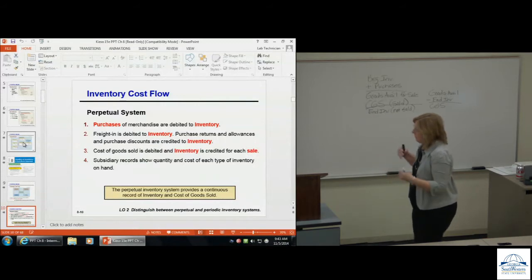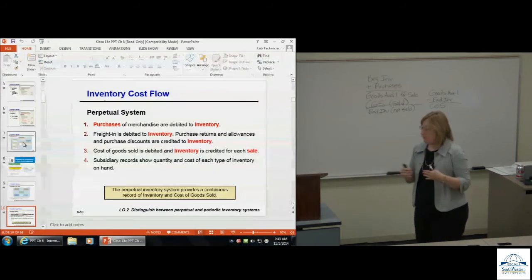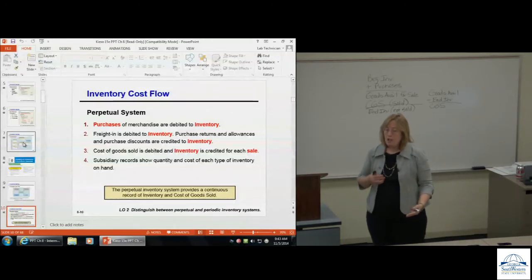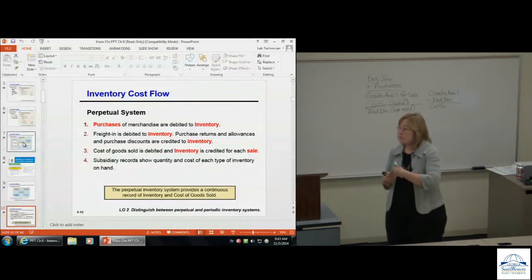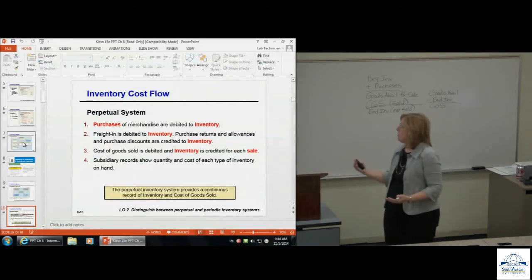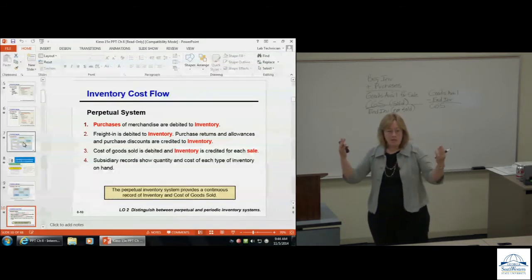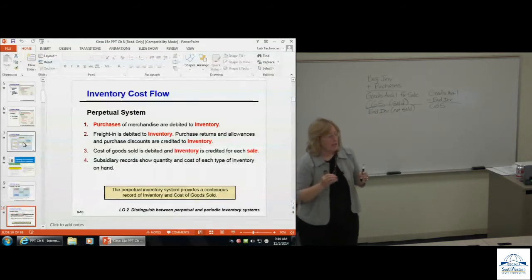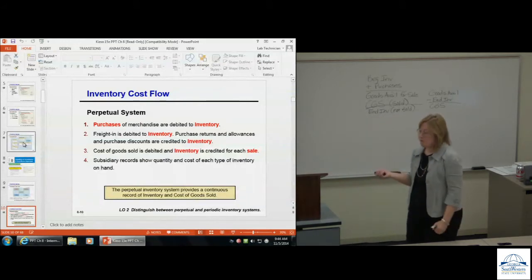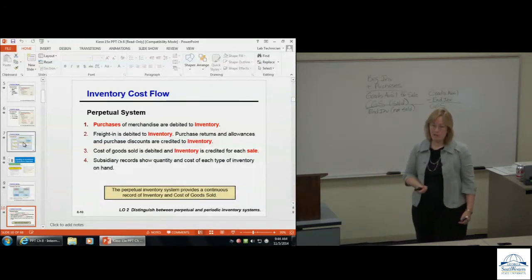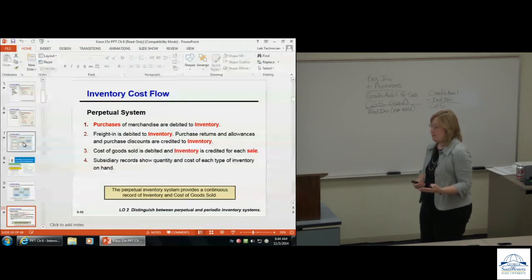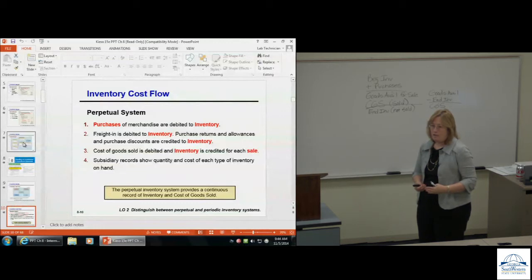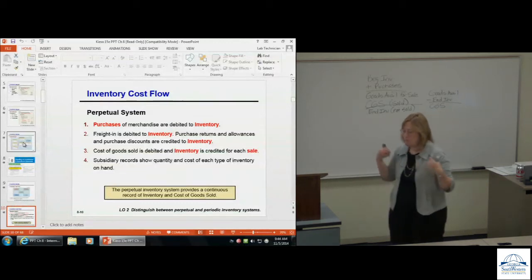So it's like we know at all times how much is in our inventory because when we buy something, we make an entry to inventory. When we sell something, we make an entry to inventory. And whenever stuff happens with our inventory, we're keeping it up to date. What does that mean? Like when I go to Walmart, I'm pretty sure they're under the perpetual system, and I buy something, they take that item out of inventory, right? The store's inventory, they remove it from the store's inventory right then.